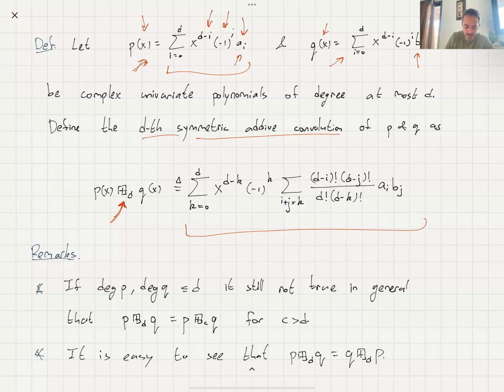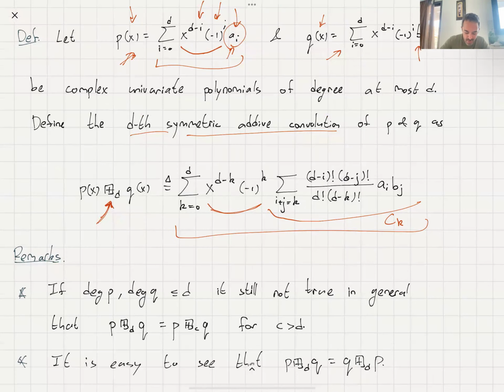So what's going on here? We are really asking what the corresponding coefficient c_k is for this new polynomial. Like here, we wrote x to the d minus i times minus 1 to the i times something. So here also, we write x to the d minus k times minus 1 to the k times something. And that something, which we'll usually denote by c_k, is the coefficient of this resulting polynomial. And what is it? It's exactly this thing.